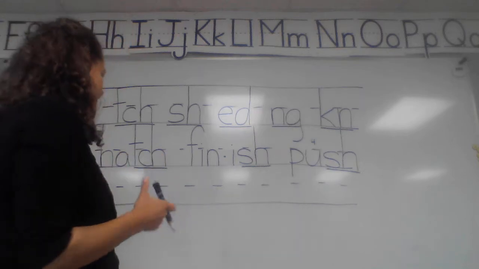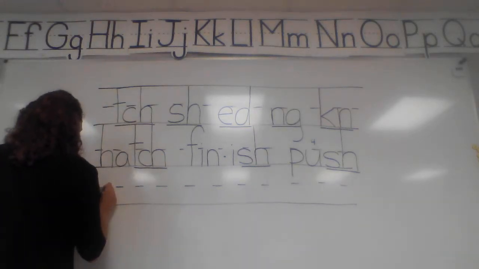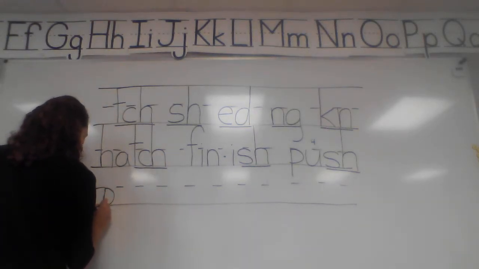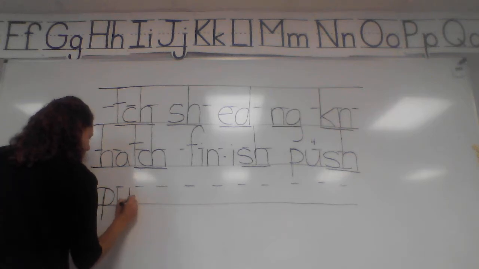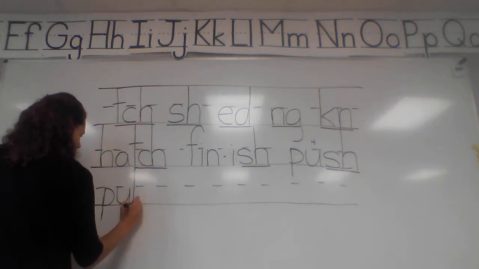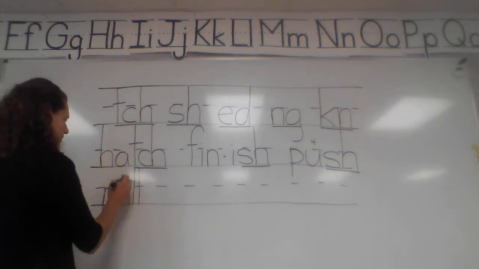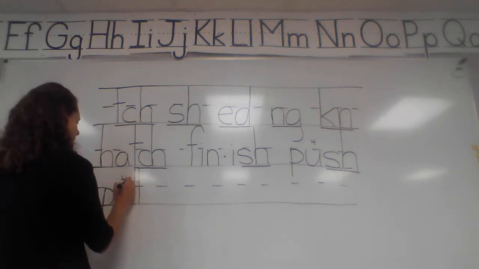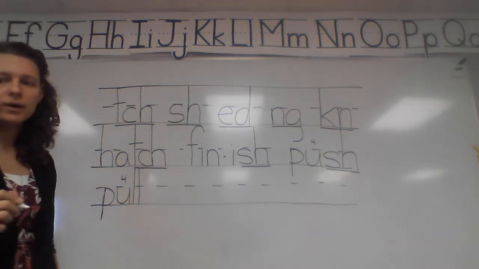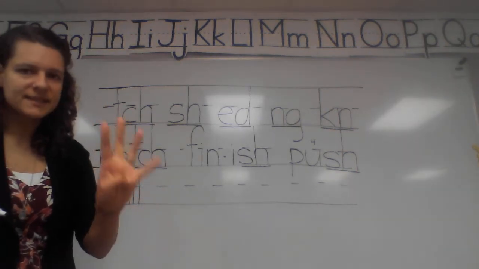All right, class, what do I need to write to spell pull? All right, and we use U-U-O for our O. Don't forget your floss rule. Good. Okay, and we're going to go ahead and mark our U-U-O because it's saying, once again, its 4th sound.